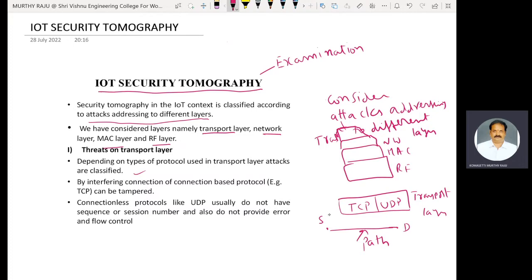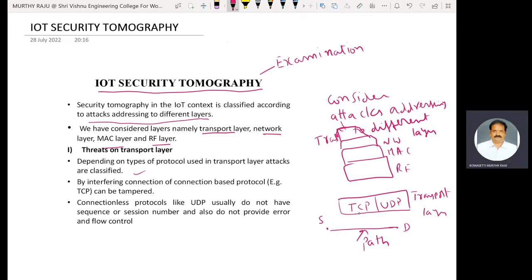The type of protocol means TCP or UDP. TCP is a reliable protocol. UDP is an unreliable protocol. By interfering, a connection-based protocol, for example TCP, can be tampered.